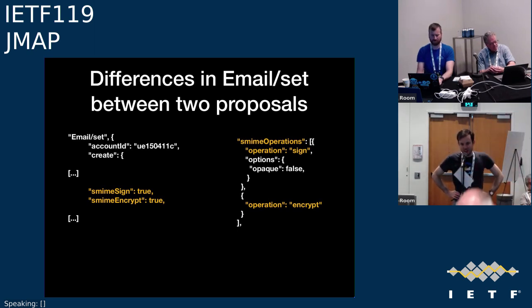I have no idea. When I think about it, if you go with the left side, what you really want is a single option saying, SMIME this message, and then the server should do the right thing. Maybe what we want is a single thing, an enum.